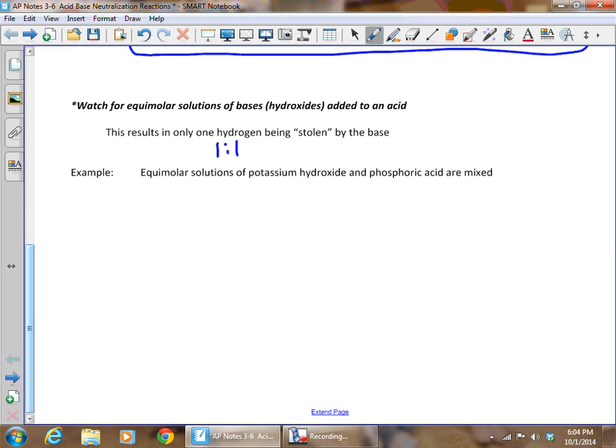We've got potassium hydroxide and phosphoric acid. So we've got KOH reacting with phosphoric acid, H3PO4. And let's see how that's going to play out.